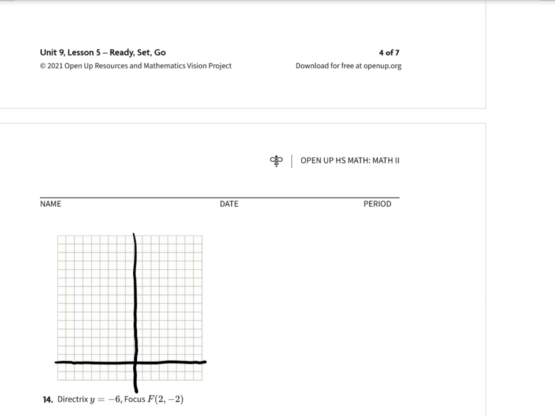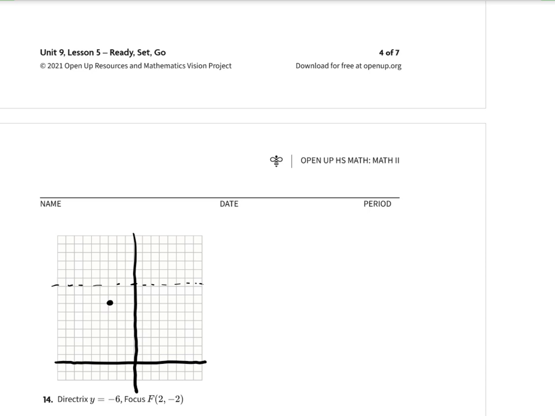One, 2, 3, 4, 5, 6. There's the directrix, negative 3, 7. There's the focus. Did it give us the focus? Yeah, it did. It gave us the focus.